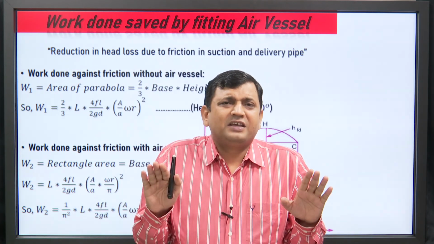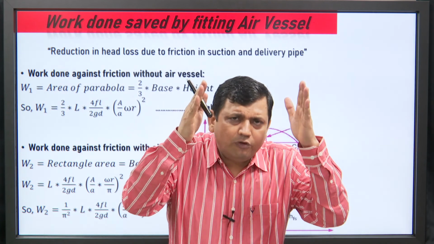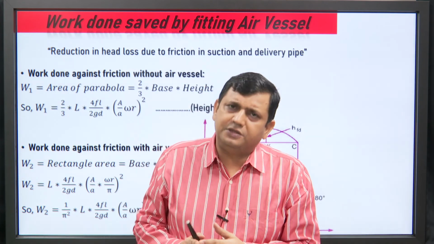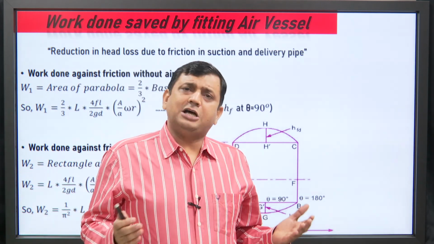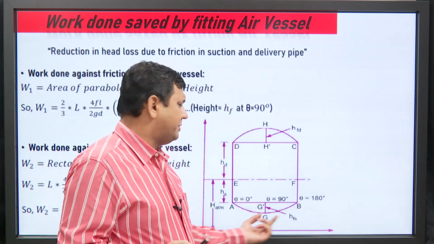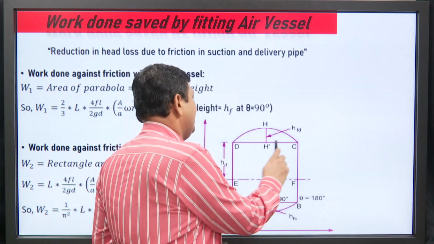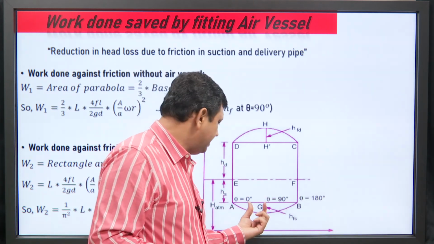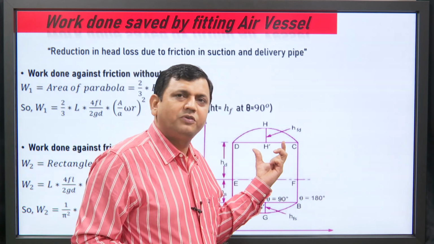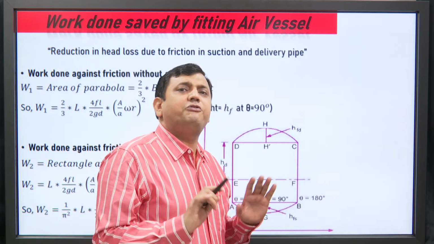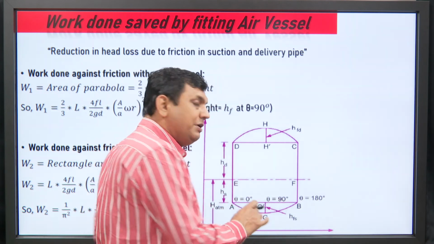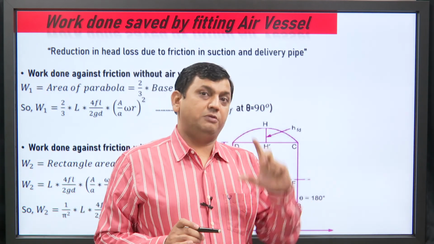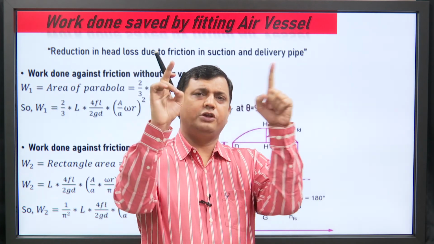We compare the work done with and the work done without. Without air vessel, this is the ideal indicator diagram with the effect of friction. If we use an air vessel, we minimize the fluctuation, and minimizing the fluctuation means uniform flow.